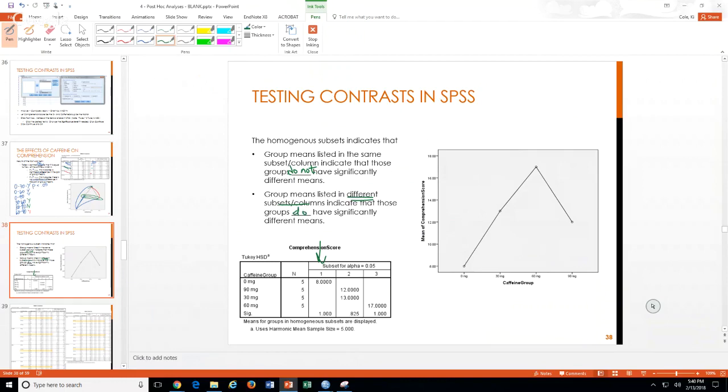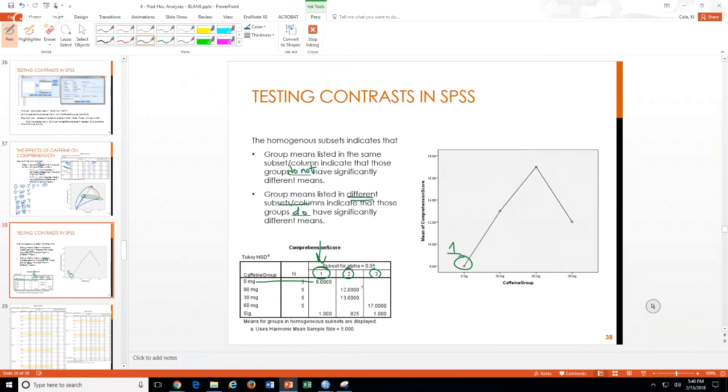So what this tells me is that overall we could create from these 4 groups, the 0, 30, 60, 90, they could be differentiated in 3 different subsets. The 0 group would be all by itself in subset number 1.